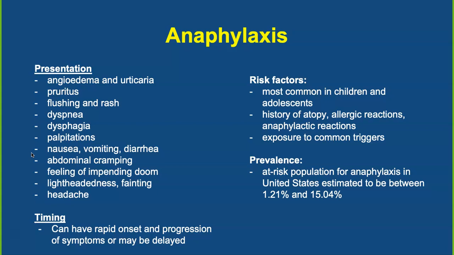The timing can be anywhere from very rapid progression from nothing to severe symptoms, or it may present as a more delayed type syndrome from prolonged medications or things like that.